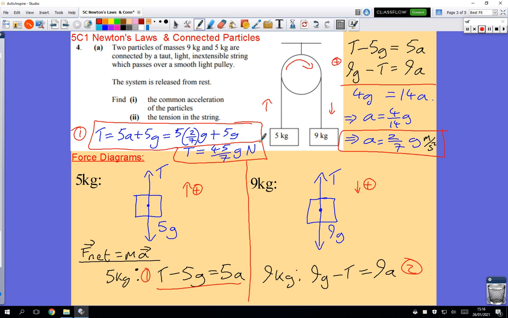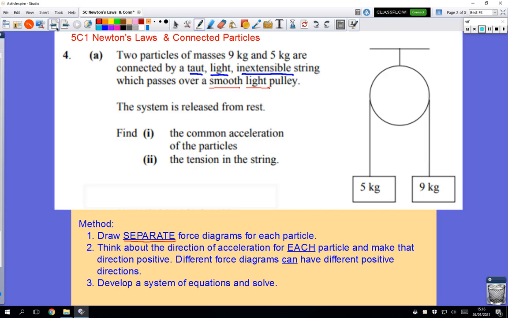Okay, so the method for these particular types, where it's just two particles hanging on either end of a string that's going over a single pulley, is pretty much always the same. Draw separate force diagrams for each particle. Think about the direction of acceleration for each particle and make that direction positive. Different force diagrams can have different positive directions.